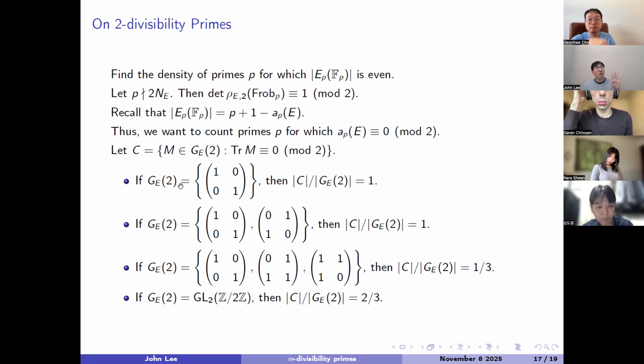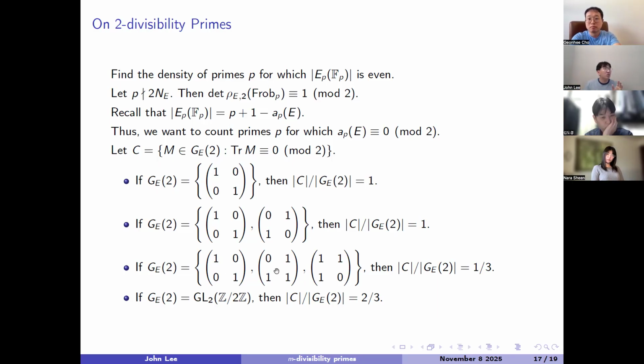I told you there are only 4 possibilities based on whether f(x), the right-hand side of the elliptic curve, splits or not. And G_2 has 1 element, 2 elements, 3 elements, or 6 elements. If I interpret everything in the GL_2(Z/2Z) subgroup, then we have these cases, or conjugations of these cases. But as I told you, I'm only interested in the size of G_2. I don't care about the conjugation.